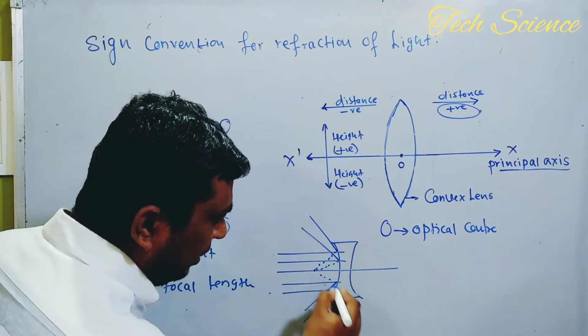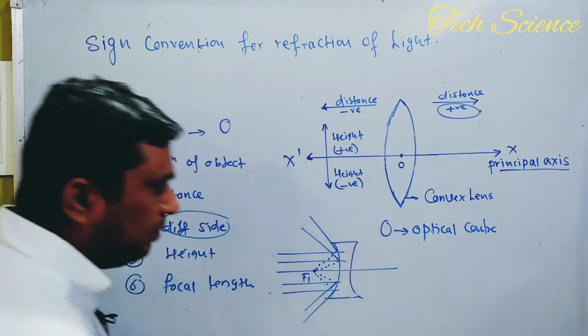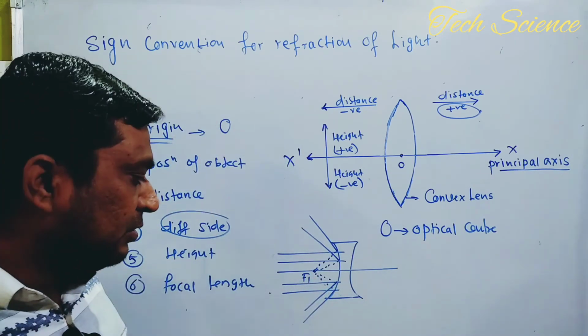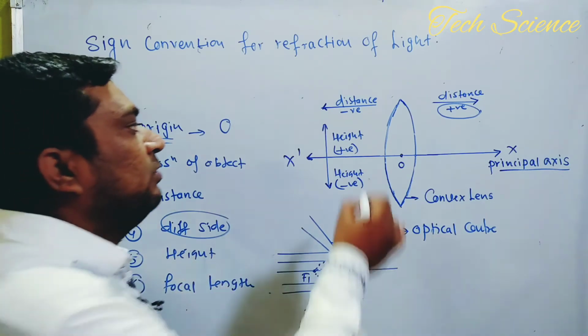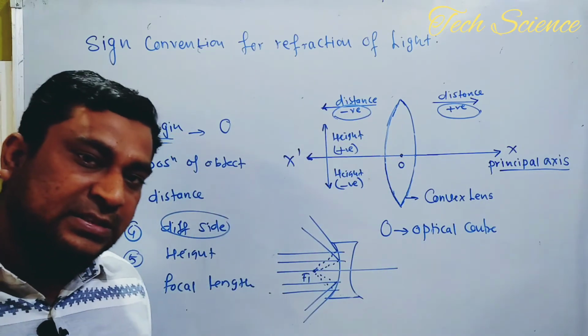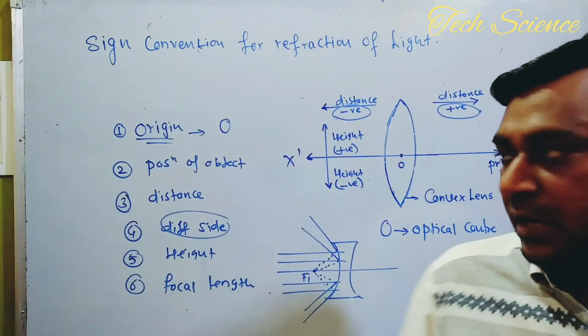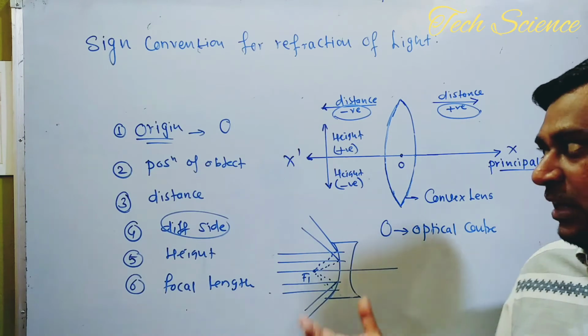So they appear to meet somewhere on this principal axis. It is called the principal focus, and this is in imagination. If you observe, it is on the left hand side of the lens. If it is on the left hand side, then the focal length of the concave lens is always negative. So these are some of the sign conventions designed for the refraction of light, also called the lenses.